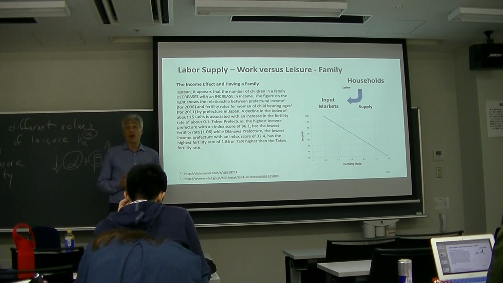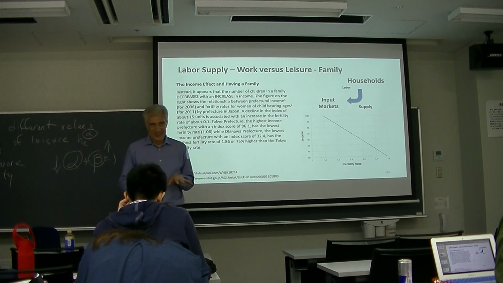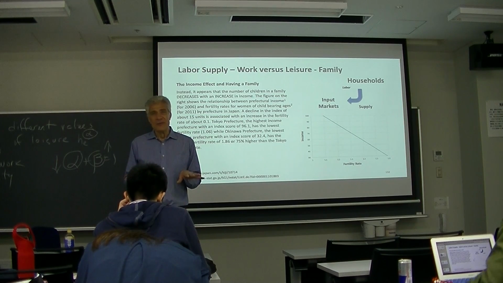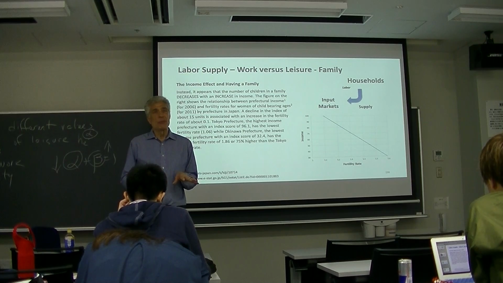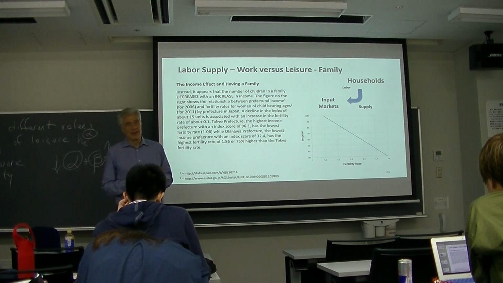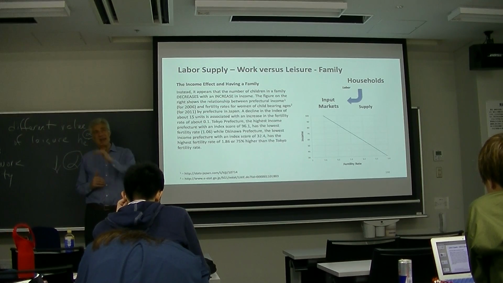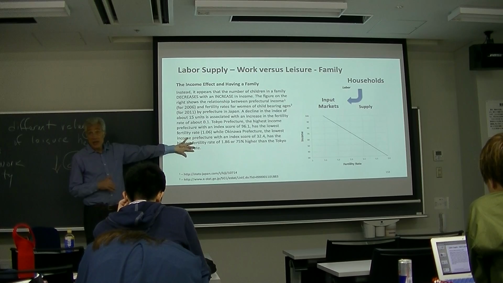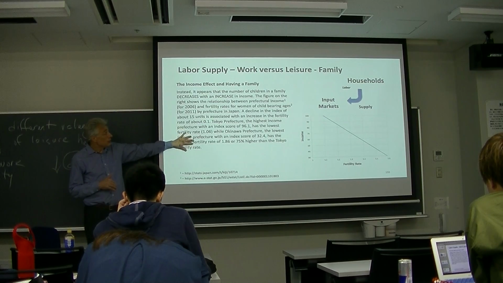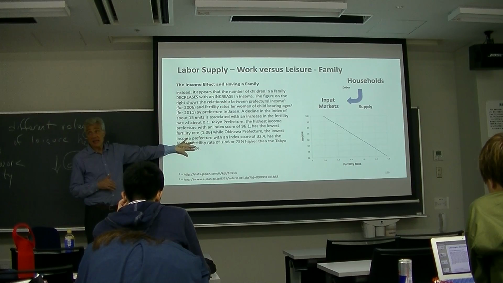What you would also need to do is control for income within a prefecture, and I suspect that might be the case. But at least in terms of average income, the more wealthy the place, the fewer children.